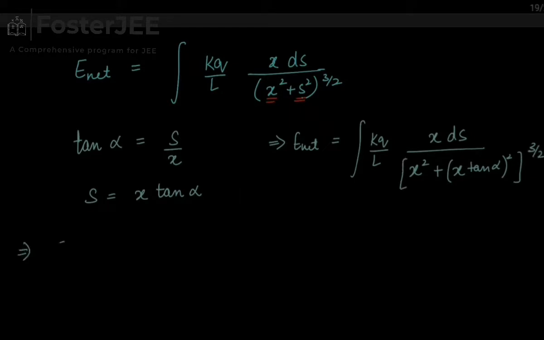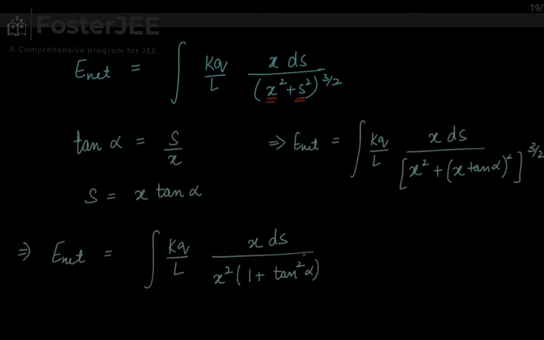So our E net becomes integration kq upon L x ds upon x square common (1 plus tan square alpha) whole power 3 upon 2.